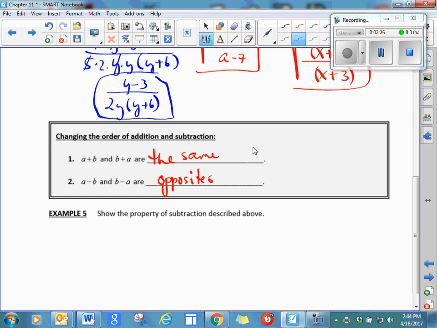So in looking at our fraction example, if A plus B and B plus A are exactly the same thing, if we write them as a fraction, then we can cancel them no matter what order they're in and say this is 1. However, A plus B over... I didn't write this right. Let me go get my eraser.